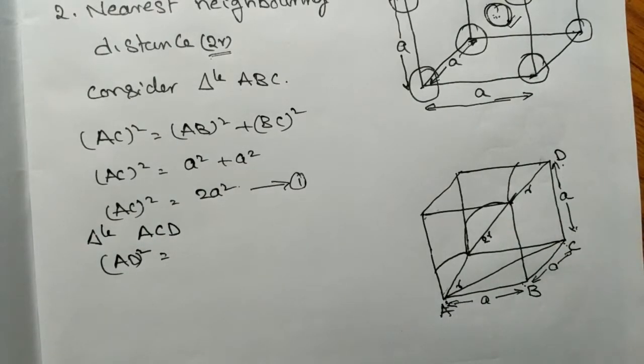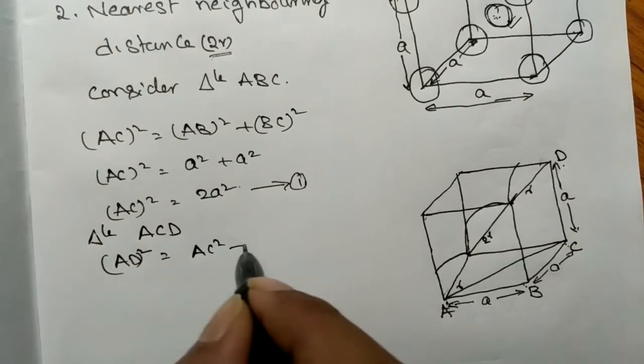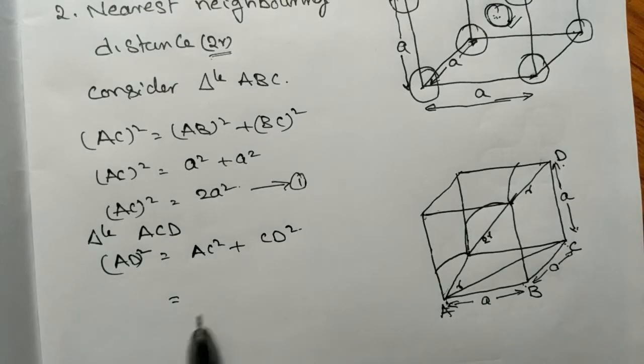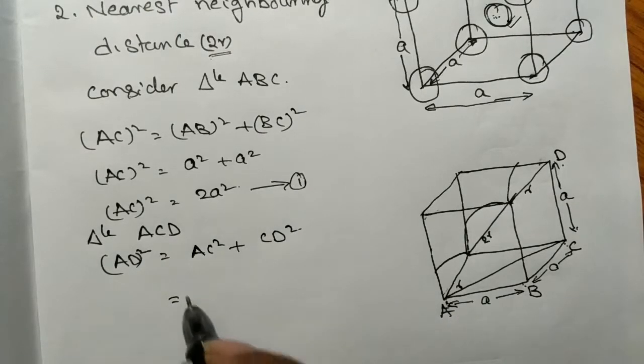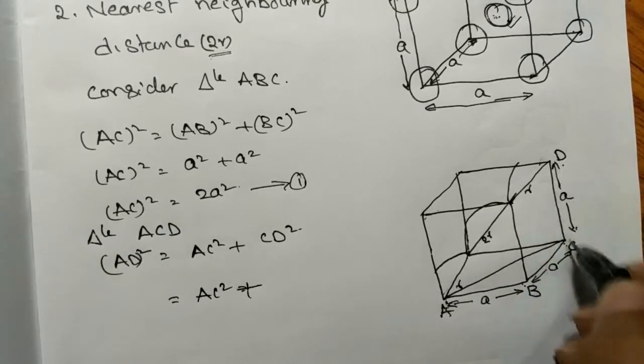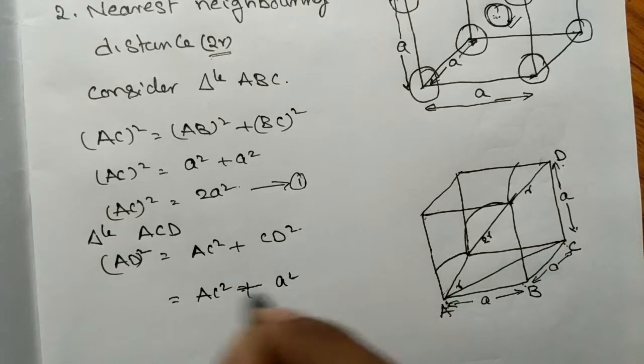Then AD square is equal to AC square plus CD square.